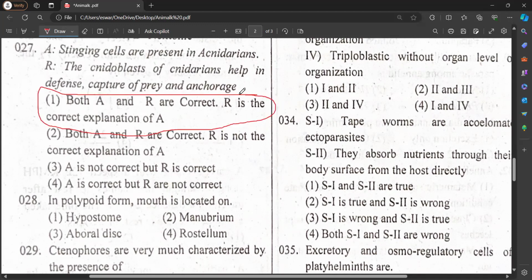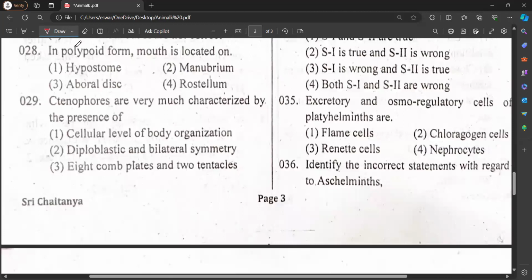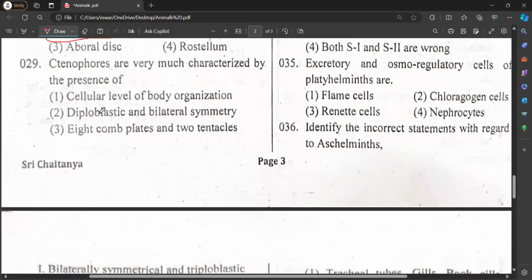A is true, and R is the correct explanation of A. Next, in polypoid form, mouth is located on the hypostome. You know, right? Hypostome is a characteristic feature of phylum Cnidaria or Coelenterata.